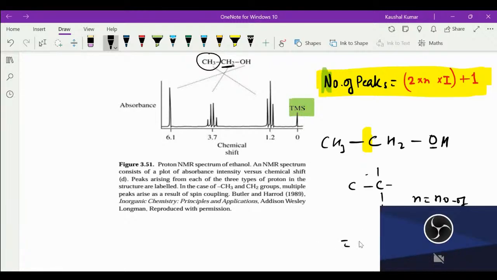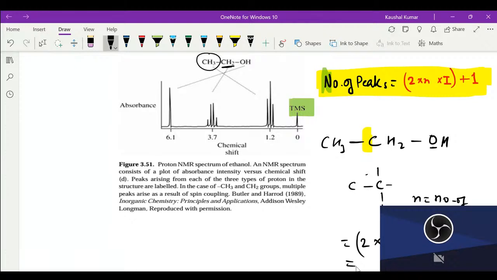So the number of peaks is equal to 2 into 3 into half. This is your magnetic quantum number, which is different for different nuclei. So 2 into 3 into half plus 1.